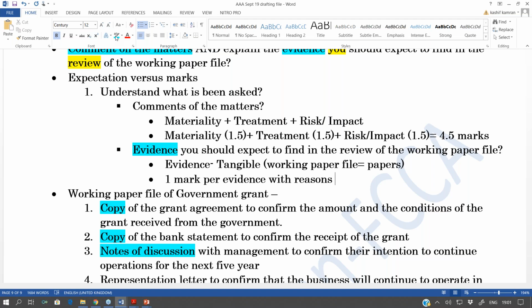So the reason of choosing December 11 and December 12, though I've done so many questions on evidence and procedures in my previous webinars and more recent questions, I thought it's better to do December 11 and December 12 because there have been dramatic changes in the way the examiner is testing the questions in the last two exam sittings. So if you are unaware of December 11 and December 12, and a question like that comes to your exam sitting, you might be amazed to know how challenging these questions are.